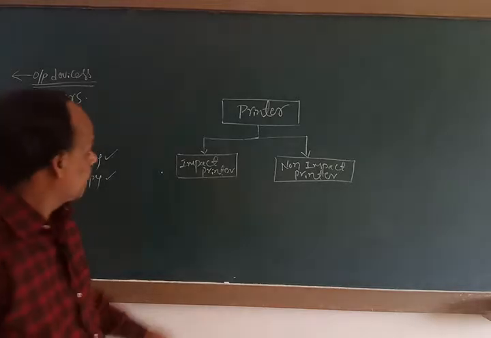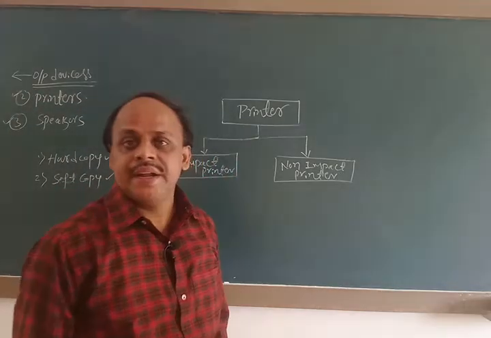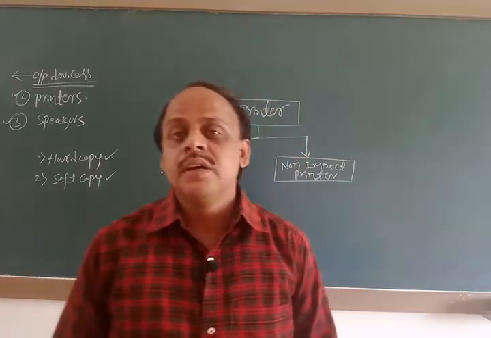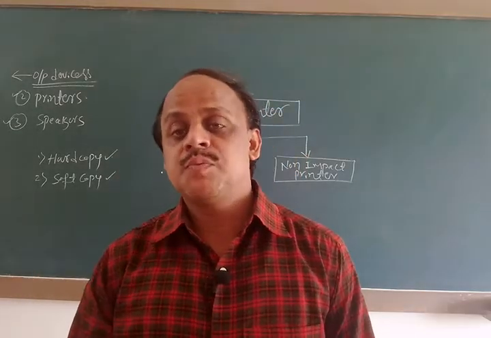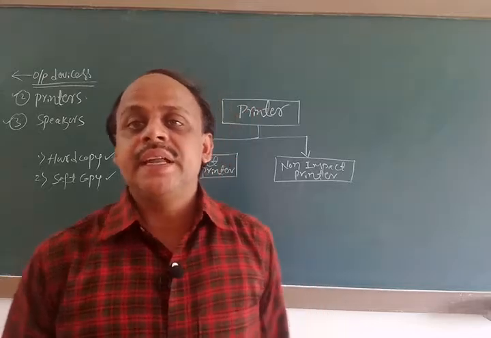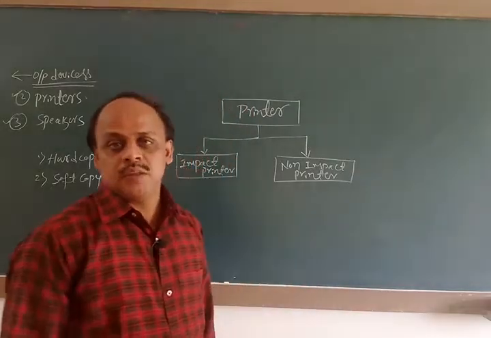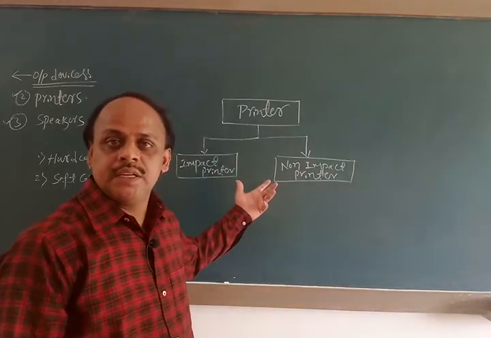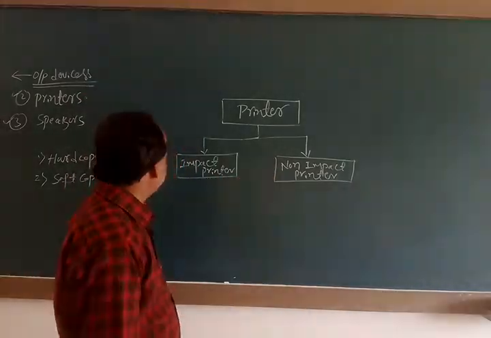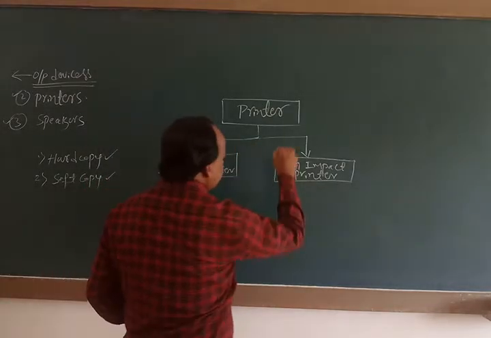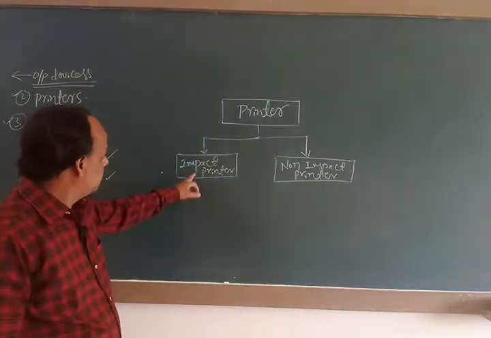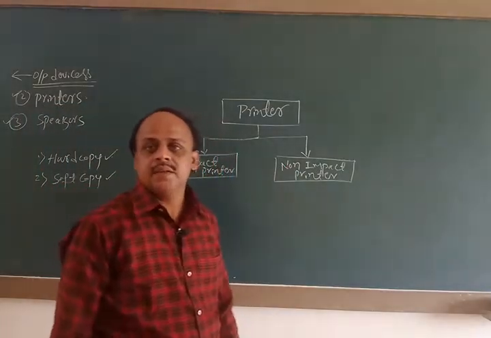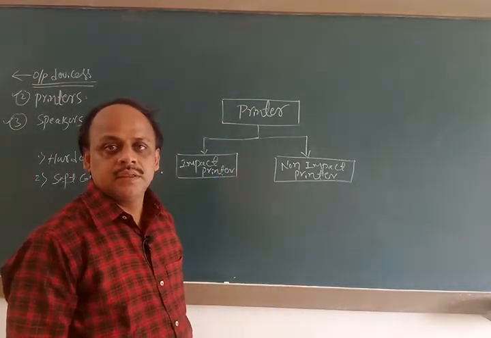So what he says, printer is classified into mainly two types on the basis of its working speed and its printing quality. On the basis of its working and print quality, printer is classified into mainly two types. First one is impact printers, second one is non-impact printers, right?